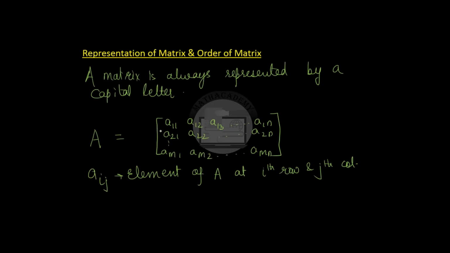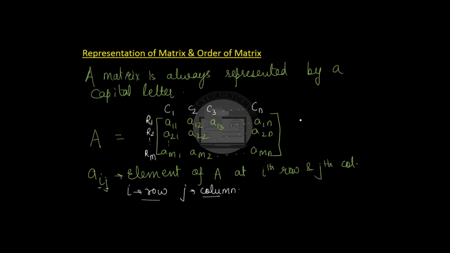Okay, so we see that in this particular matrix, you have row 1, row 2 and so on. You go till row M and you have column 1, column 2, column 3 and so on. There are n columns. And the position of any element is given by the subscript. I represents the row in which the element is lying and J represents the column in which the element is lying, and you get the position of that particular element in this array.